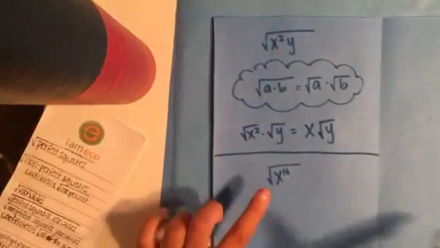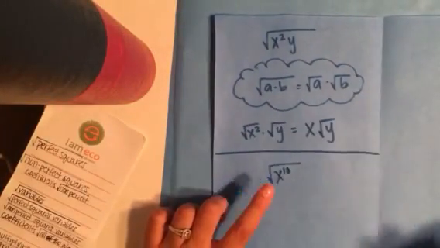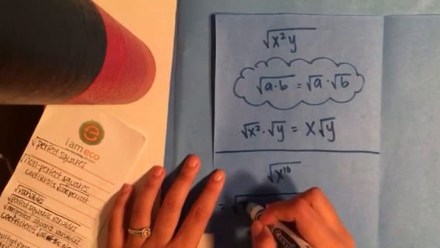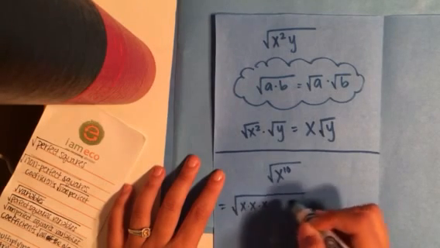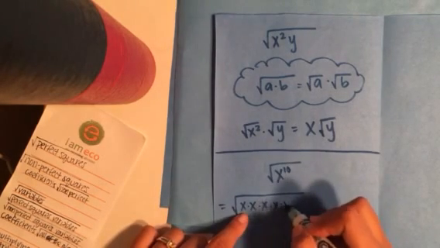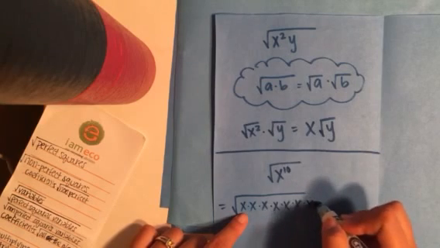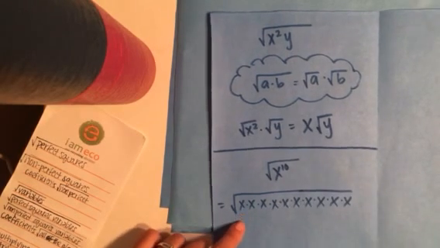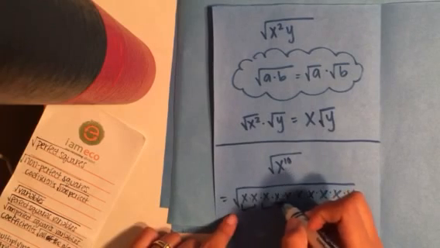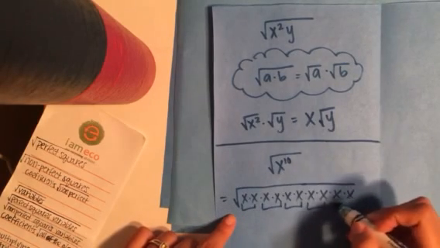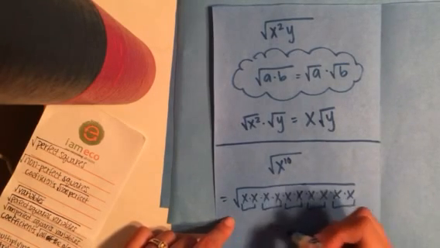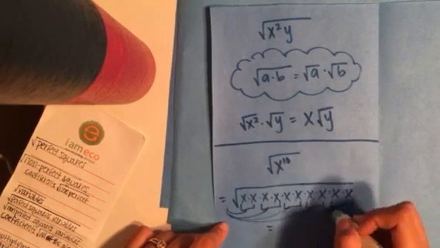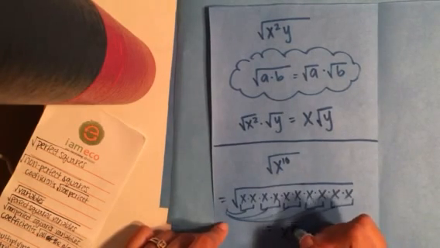So I want to show with x to the 10th power, we can rewrite that as x times x times x. That's 3, 4, 5, 6, 7, 8, 9, 10. And we see 5 pairs within here. So when we pull out those pairs, we have x to the 5th.